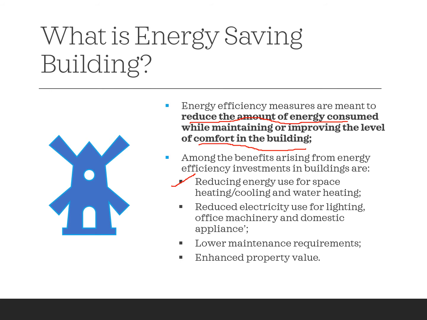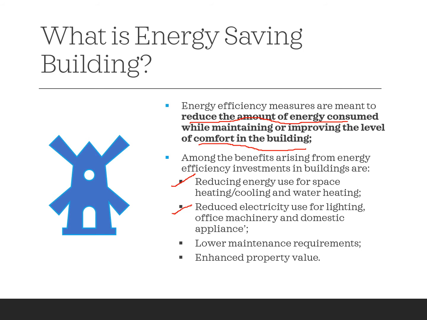Energy is basically for heating and cooling the room or the space, and then we are able to reduce electricity because we use light from the sun, because we can build using glass windows. So we reduce electricity used for lighting, for office machinery, and also for domestic appliances.